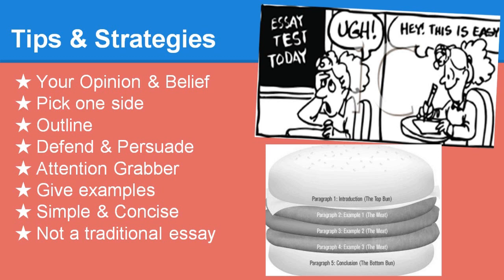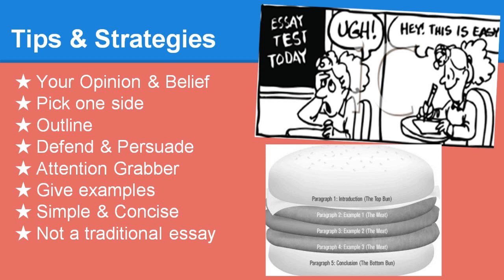Pick one side. Do not stick to the middle if you can't make up your mind. Even if you can't make up your mind, pick one side, because if you stick in the middle, that doesn't show that you can write persuasively, and your writing shows up as being muddled and not really solid.